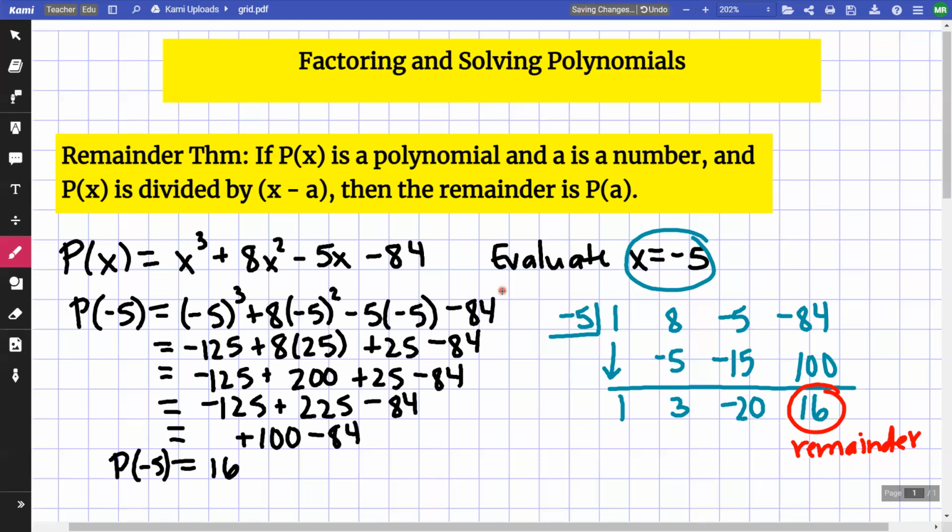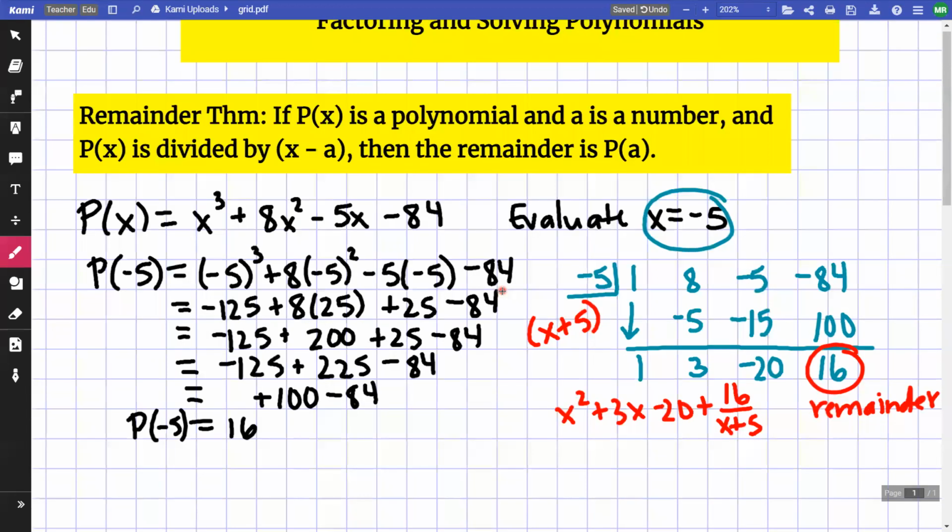And what I really did was I really was dividing by an x plus 5. That's really what I was dividing by. And I really got back an x squared plus 3x minus 20 plus 16 over x plus 5. That's really what I got back, which means x plus 5 was not a factor.